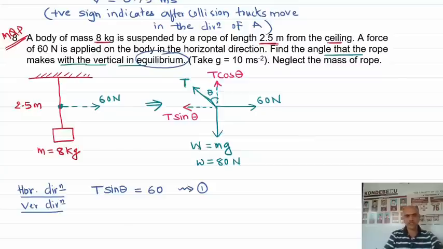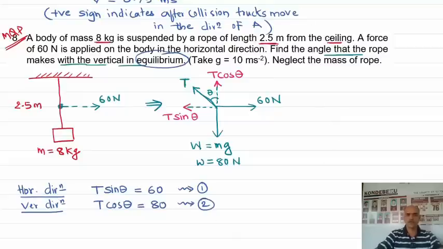So again both are equal. One vertically upward, one downward. Why are they equal? Because the body is in equilibrium. So I can write T cos theta is equal to 80. This is second. T cos theta is equal to 80.